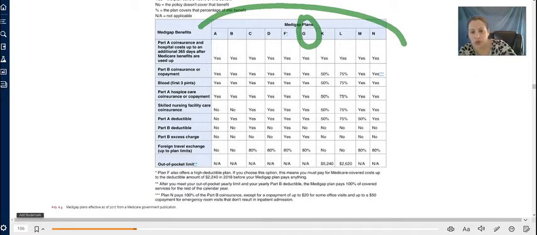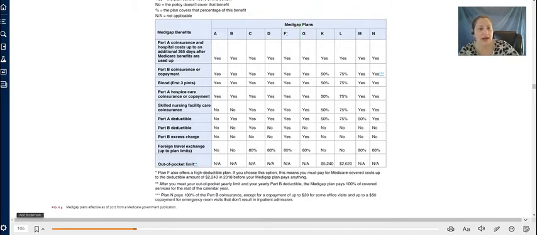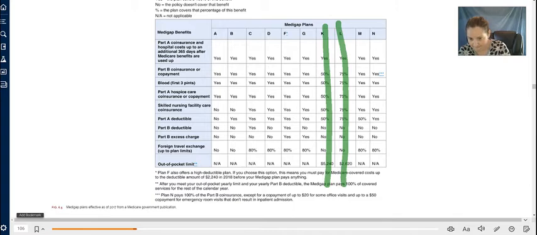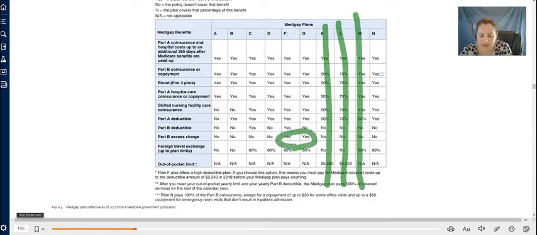Okay. So what is the difference between these? Not a lot. Very little is different between many of these.